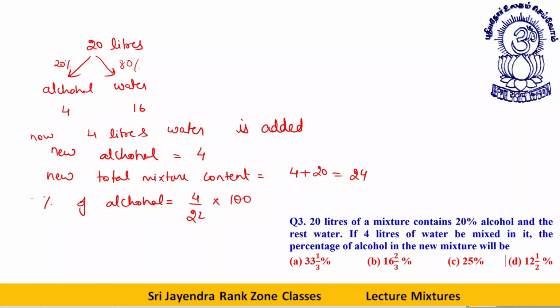I'm so sorry for doing such silly mistakes. So this will be 1 by 6 into 100%. I have told you this innumerable number of times. This is 16 2 by 3. We have discussed it many a times. 1 by 6 converted into percentage is 16 2 by 3 percent. Let's move to the next one.